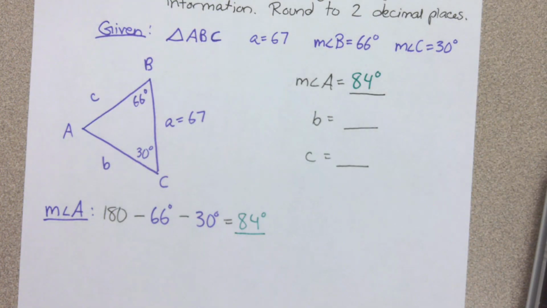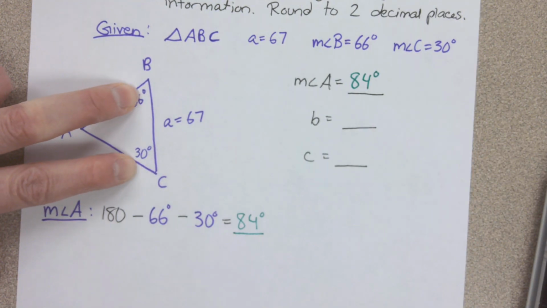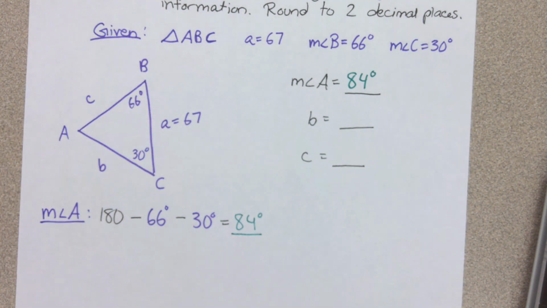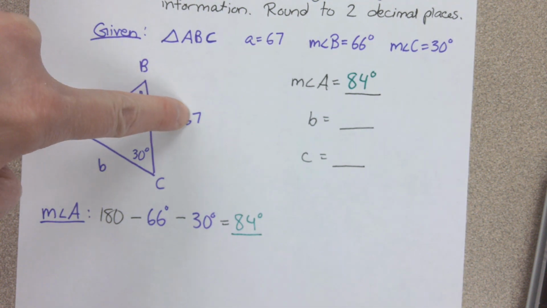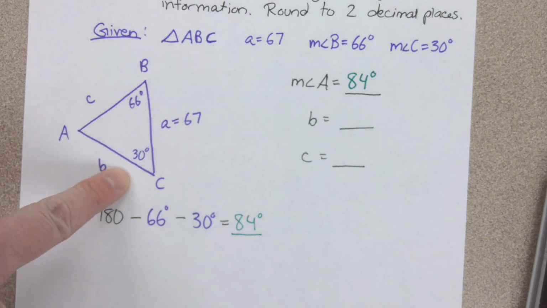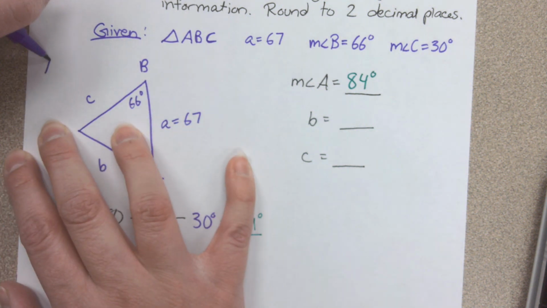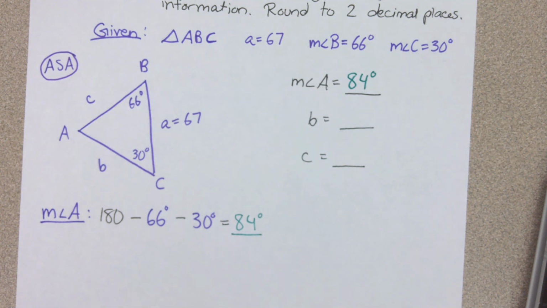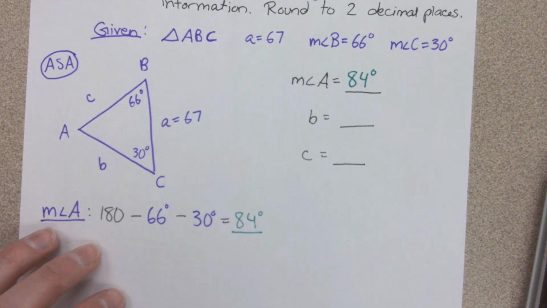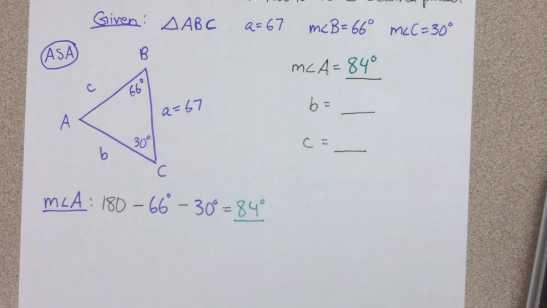So looking here, I have 2 angles with a side in between those angles. So it goes angle, side, angle. This is ASA. If you get in the habit of labeling those now, it'll help come test time.